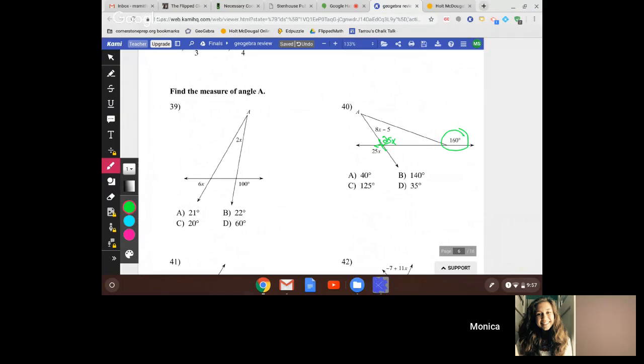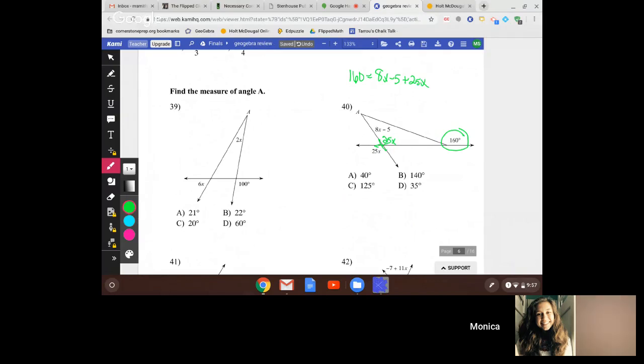And remember, the exterior angle equals the sum of the two non-adjacent angles, or the two angles that it doesn't touch, that are inside the triangle. So what we could do is set that equal 160 equals 8x minus 5 plus 25x.